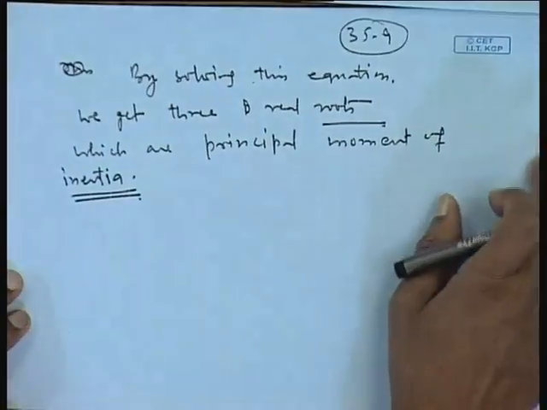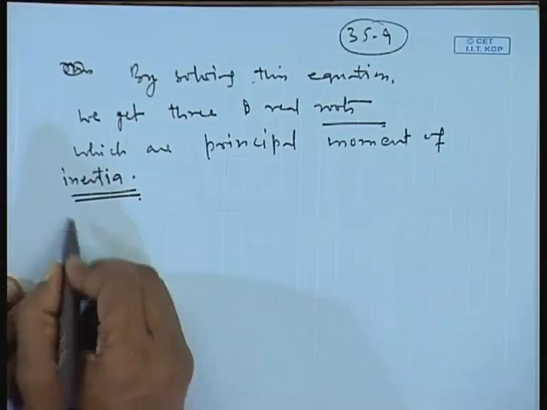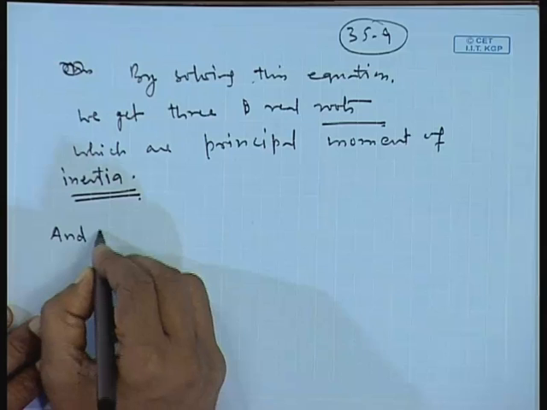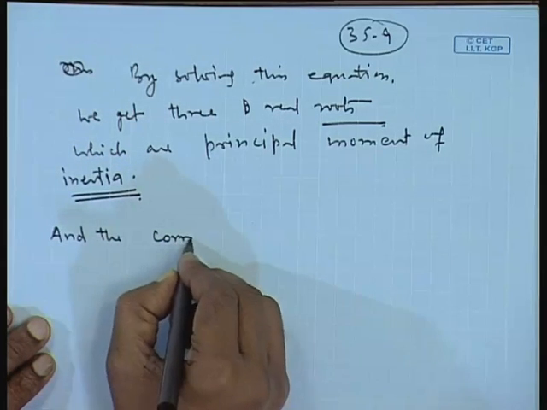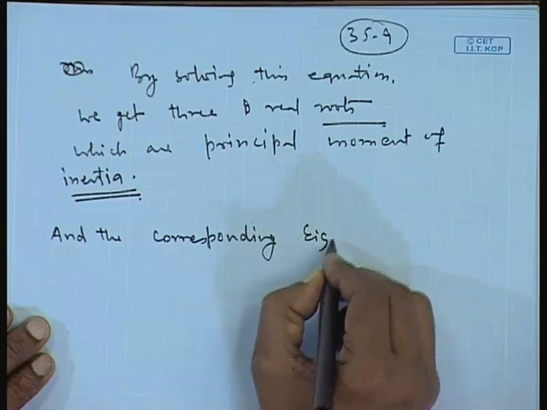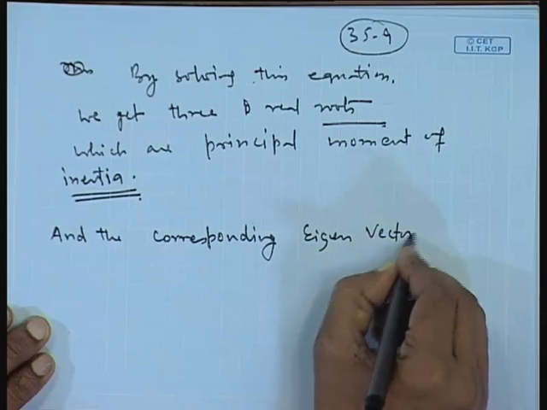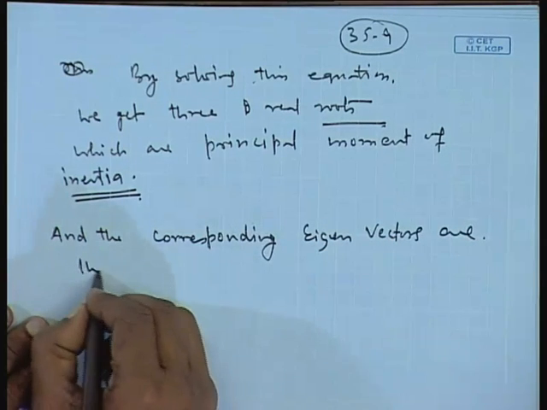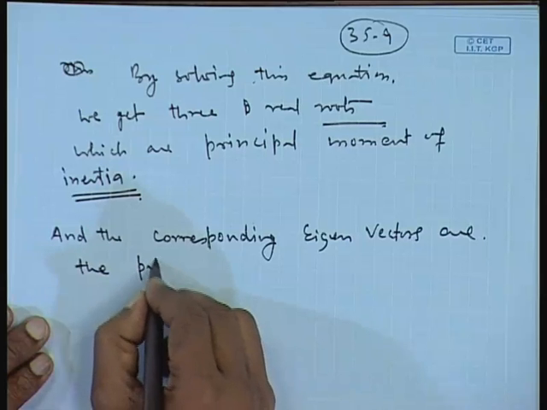These 3 roots are our principal moments of inertia and the corresponding eigenvectors are the principal directions.